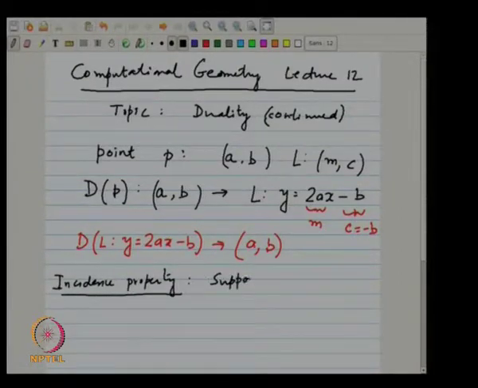Suppose P lies on L. So, L is my parametric equation y equals mx plus c, and P is given by (a, b). So, it satisfies that, which means that this (a, b) must satisfy this equation.